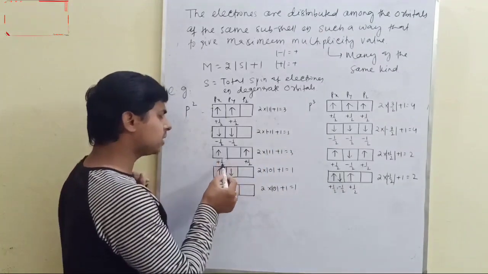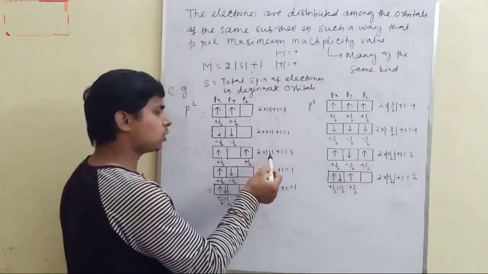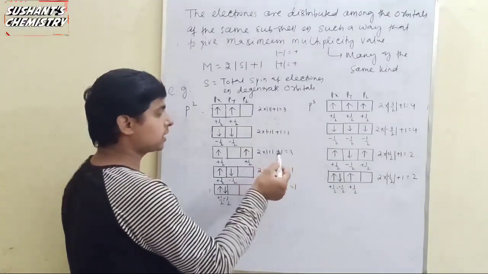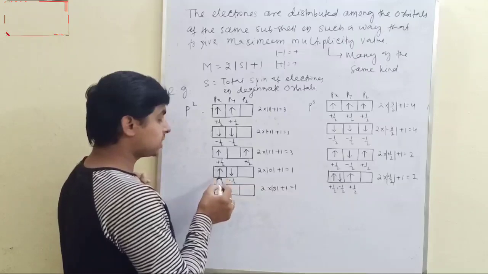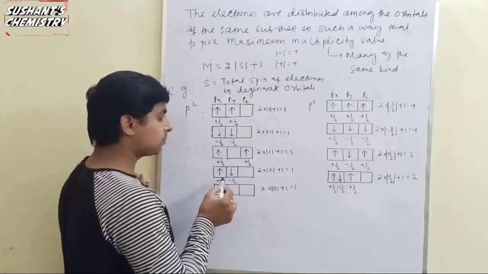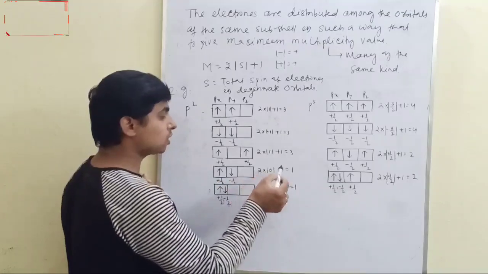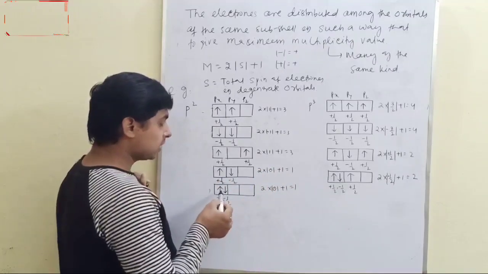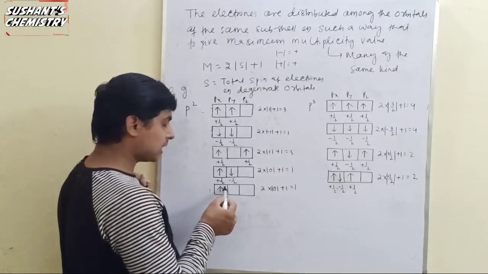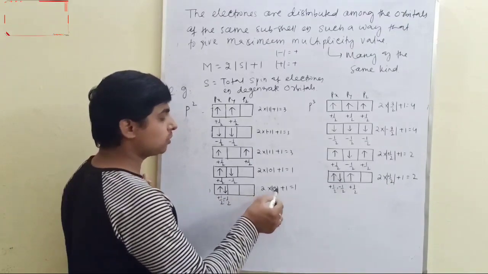Similarly, here we get 3. Here for this electron S equal to plus half, for this electron S equal to minus half, plus minus is 0, 2 into 0 plus 1 equals 1. Here for this electron S equal to plus half and minus half, 2 into 0 plus 1 equals 1.